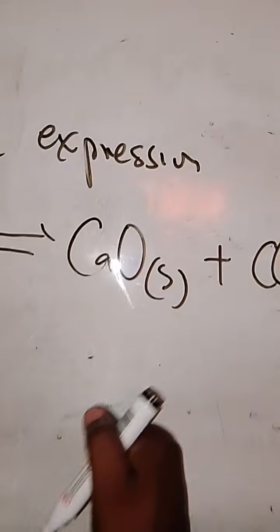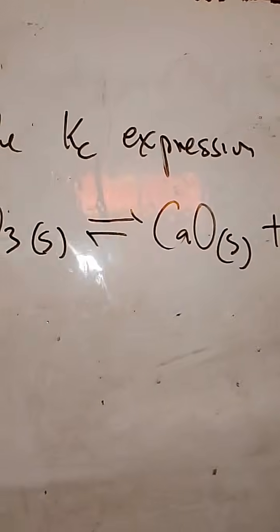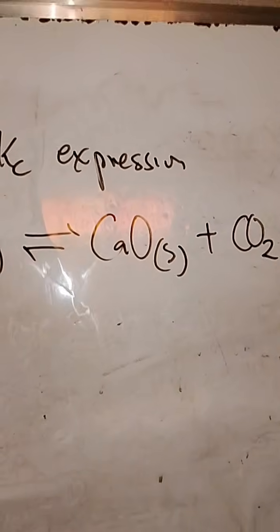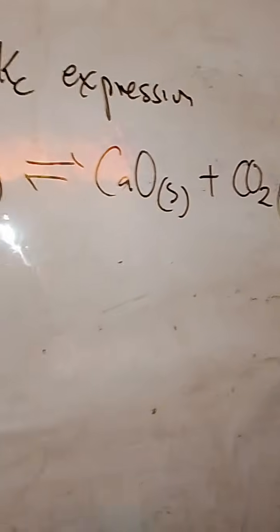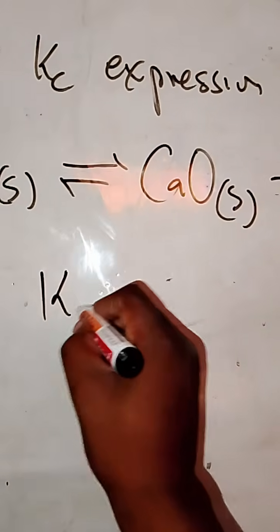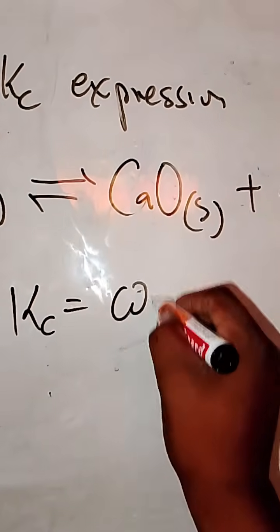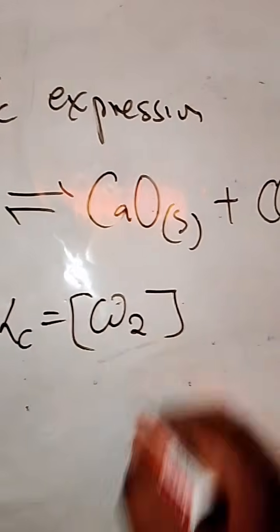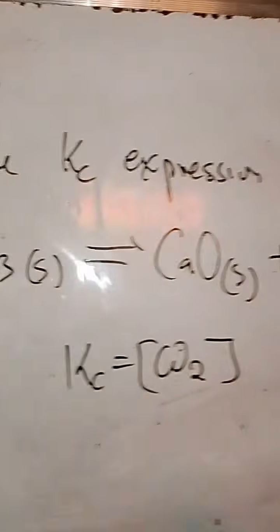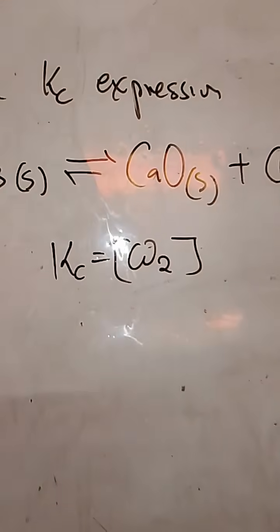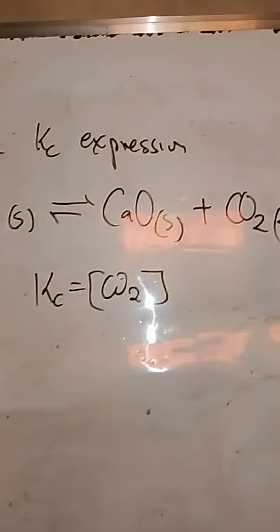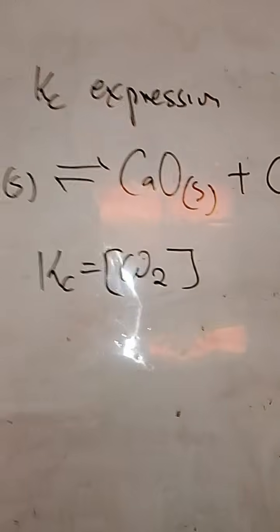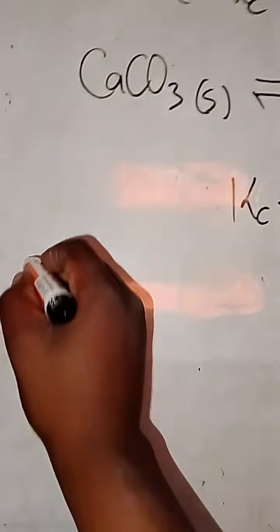You can see in this reaction we have more than one phase: we have a solid and a gas. So in this case, Kc will equal the concentration of carbon dioxide. We omit concentrations of solids and liquids, in this case the solids. Okay. Another example.